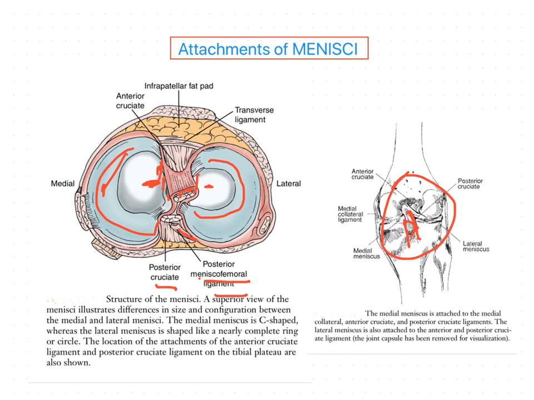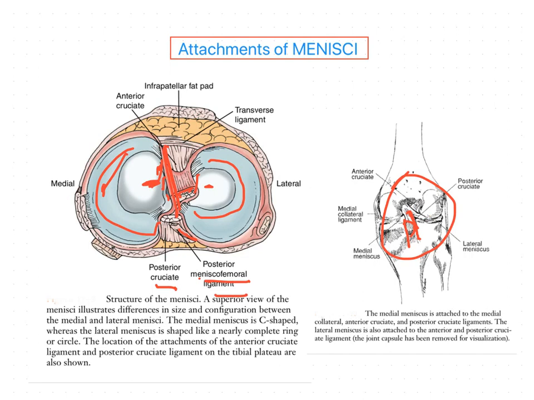Here you can find this posterior meniscofemoral ligament. So this meniscus is attached to the posterior cruciate ligament and the popliteus muscle, to the posterior capsule via coronary ligaments, and to the posterior meniscofemoral ligament. The posterior meniscofemoral ligament attaches to the medial femoral condyle, and some fibers from the anterior cruciate ligament may also join the anterior and posterior horns.